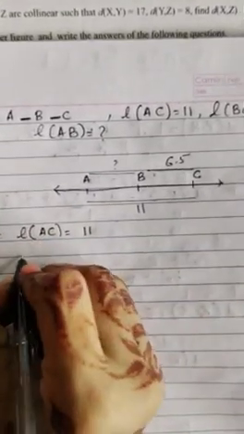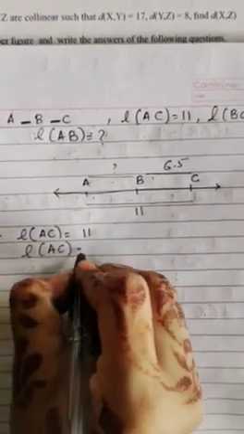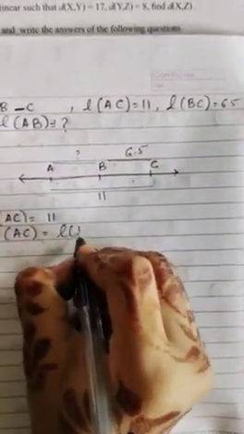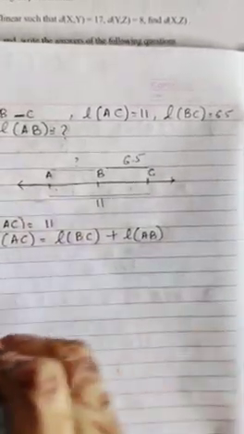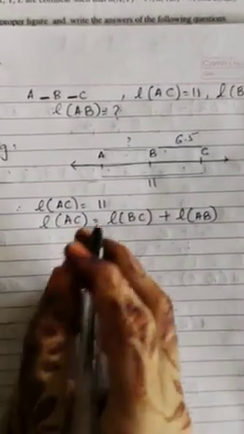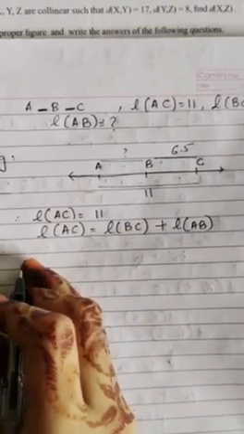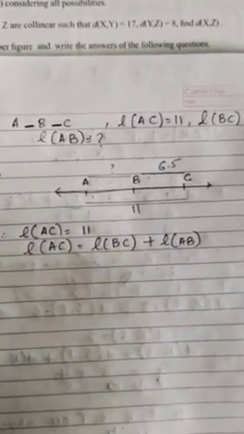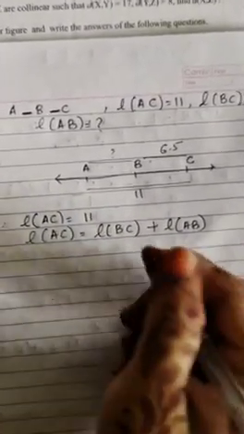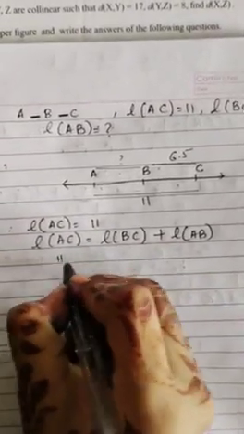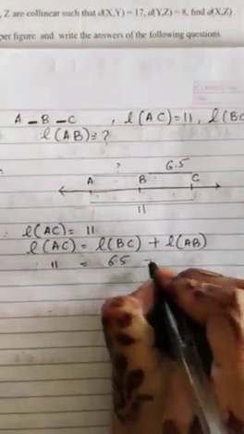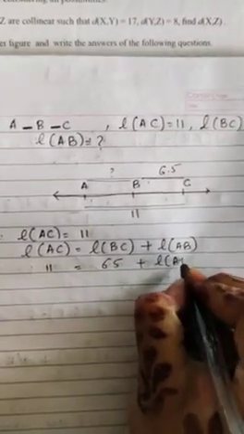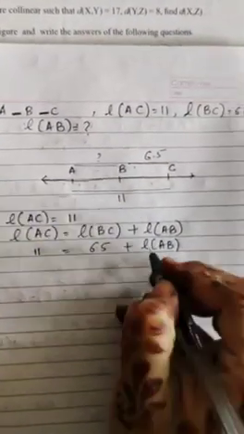Okay, then length AC is equal to length BC plus length AB. Get it? The bigger one we have to take to the left hand side, the smaller lengths we have to take to the right hand side, or whatever we have to find. Okay, length AC is given, 11 is equal to length BC 6.5 plus length AB. We will write as it is because that we have to find.